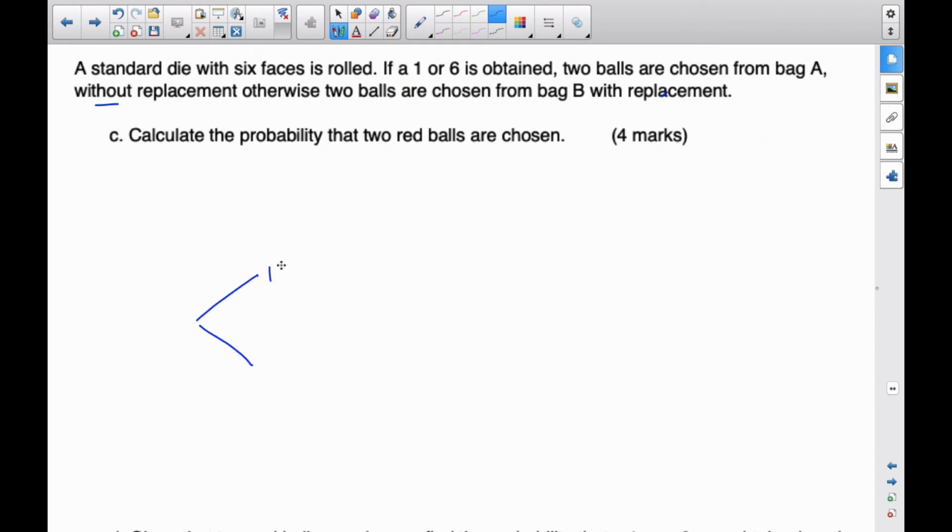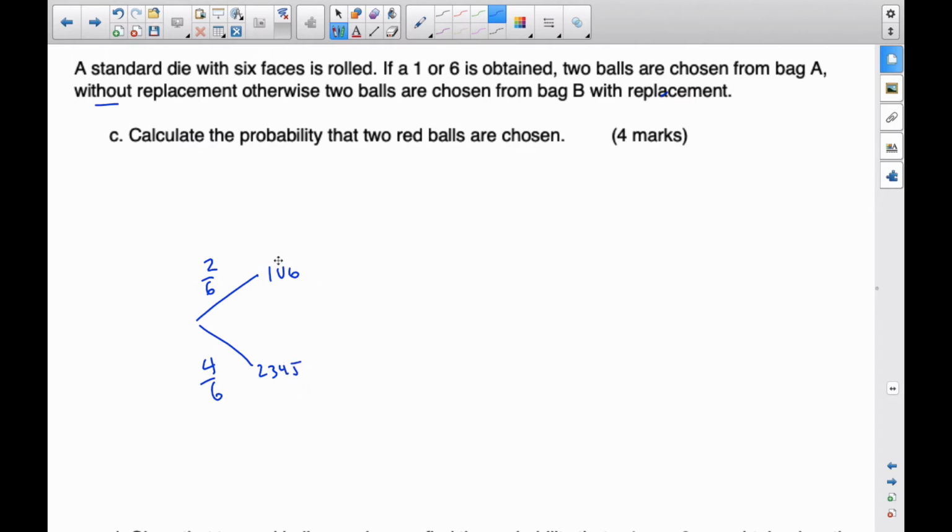I get a 1 or 6, and that happens, I know, 2 out of 6 times. Or I get a 2, 3, 4, or 5, which is 4 out of 6 times. That's the other possibility.